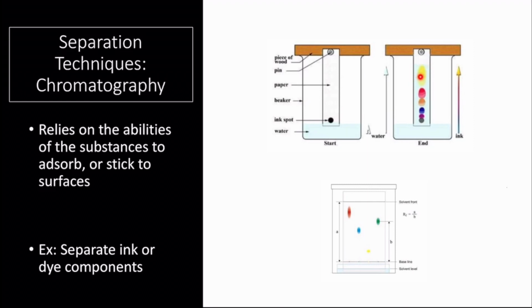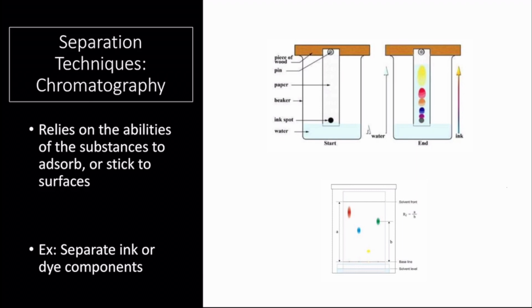The components that are higher and move with the water are the ones that are dissolved more easily into water and absorbed less by the paper. And the ones that are lower are the ones that are absorbed better by the surface of the paper and they dissolve less easily in water.